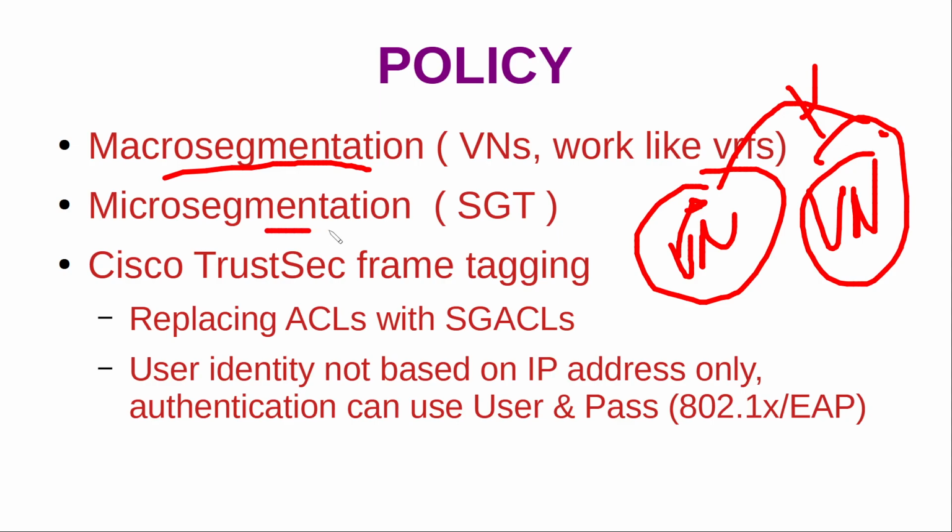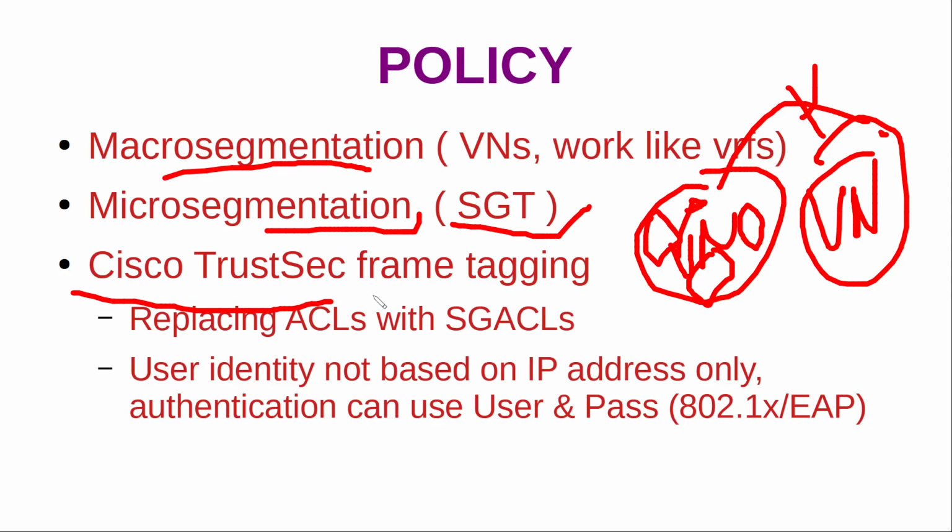SD-ACCESS also offers you something that is known as micro segmentation that will let you create groups of users within your virtual networks. Each group will be identified by something that is known as a scalable group tag. So in order to provide these tags, we will need to use Cisco TrustSec technology, where every single frame that enters into your SD-ACCESS network will get assigned a tag.